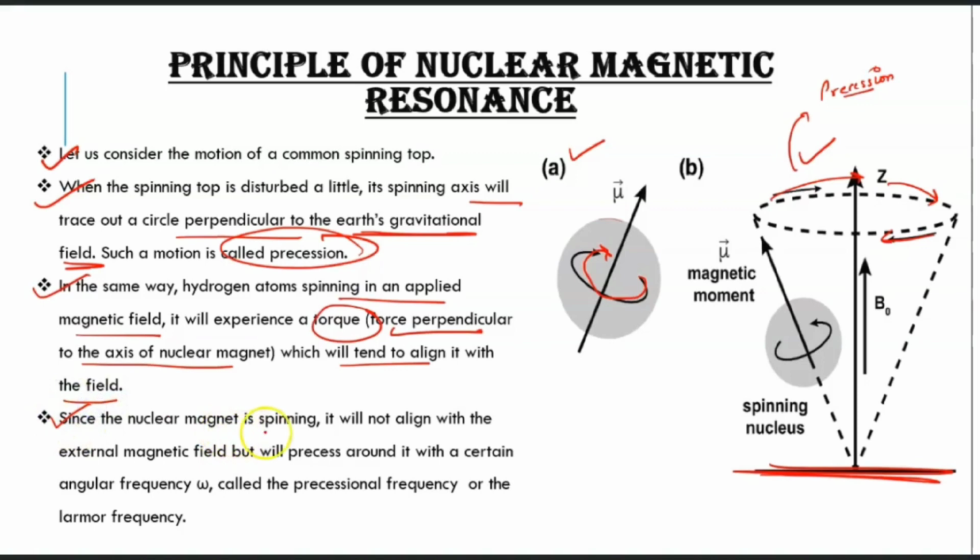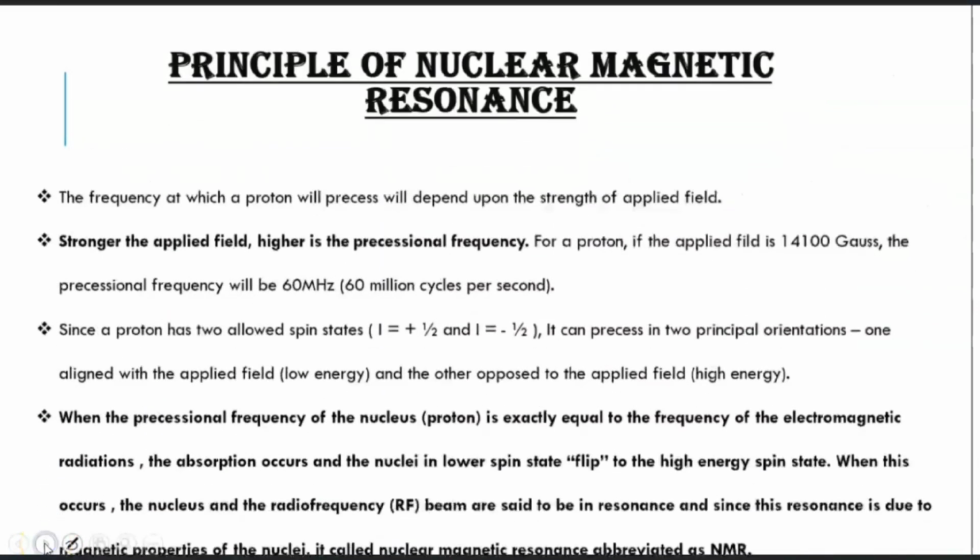Since the nuclear magnet is spinning, it will not align with the external magnetic field, but instead of aligning, it will precess around it like this, just like a spinning top. In the same way, your magnetic nucleus will start to precess around your external magnetic field with a certain angular frequency, omega, which is called the precessional frequency, and another name used for it is the Larmor frequency. I hope you understood how we compared the spinning top with your precessing nuclei.